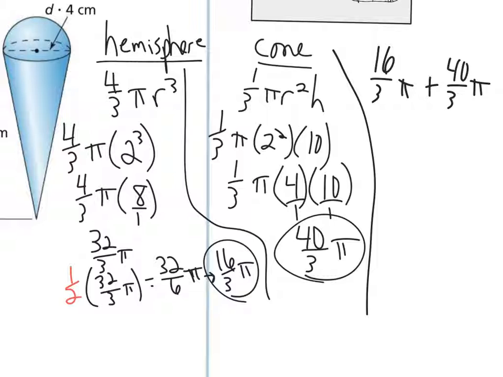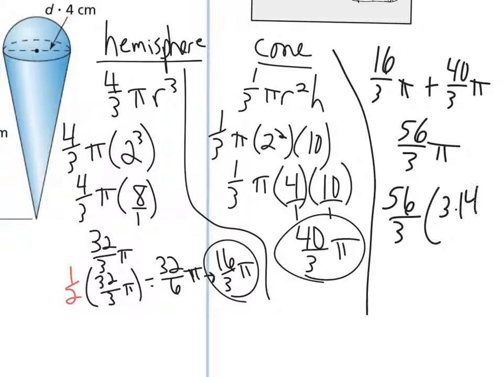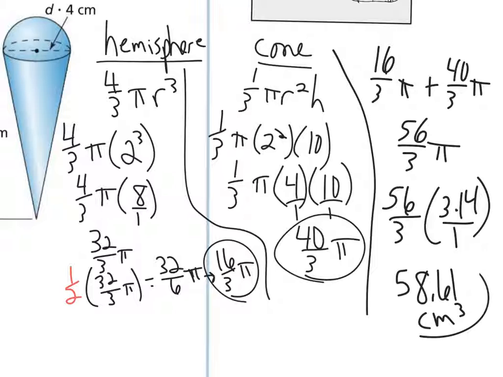Once we get to this point, we add those together, would be 56/3 pi. And at that point, we'll go ahead and substitute in 3.14 for pi. Multiply and then divide that out, and you should get 58.61 cubic centimeters.